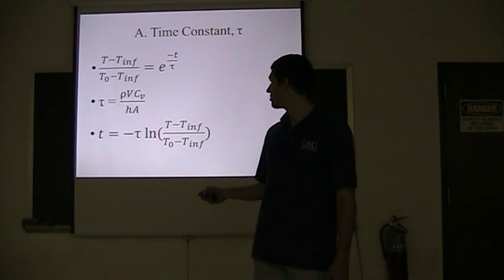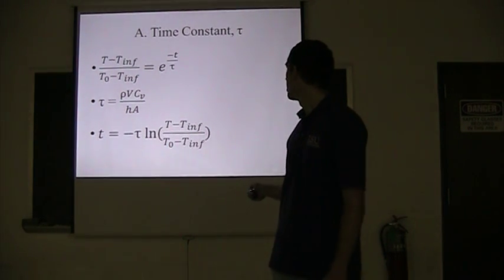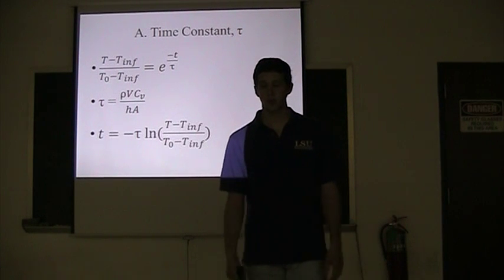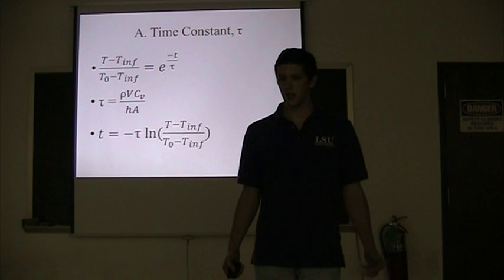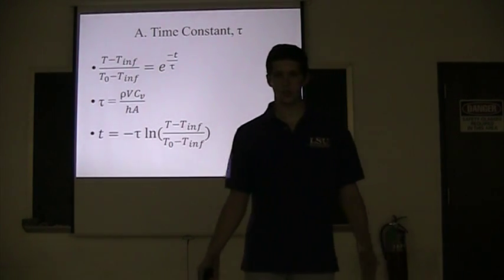But lastly, if you want to determine tau, what you're basically going to do is make time dependent upon the natural logarithm of this normalized temperature, or I'll call it temperature distribution. If you do that, you get a linear approximation, the slope of which we can take to be tau.